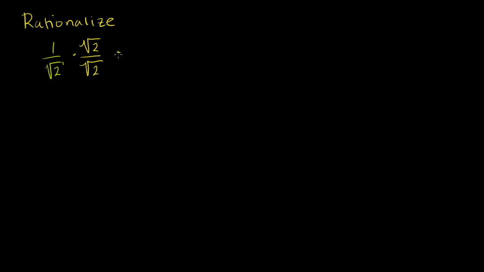So what's this going to be equal to? The numerator is going to be 1 times the square root of 2, which is the square root of 2. The denominator is going to be the square root of 2 times the square root of 2. Well, the square root of 2 times the square root of 2 is 2. By definition, this squared must be equal to 2, and we are squaring it, multiplying it by itself.